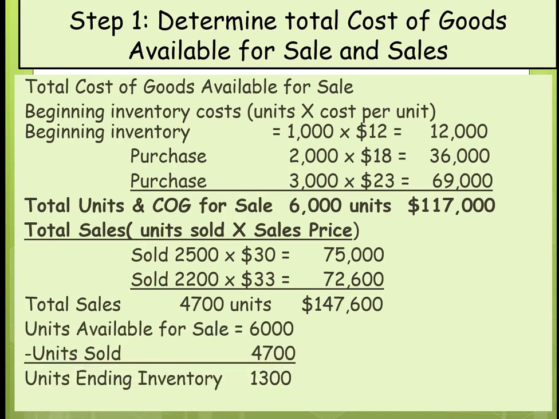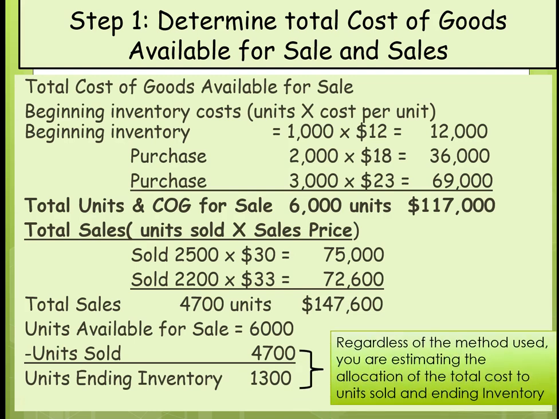Now, the next thing you want to know is total units available for sale, less units sold, to get the ending inventory, because what you're really trying to do is allocate the 117,000 against the units sold and the units in ending inventory. And it doesn't matter what method you use, whatever amount you allocate to cost of goods sold and ending inventory must total the total cost of goods available for sale, and that should be your check figure.